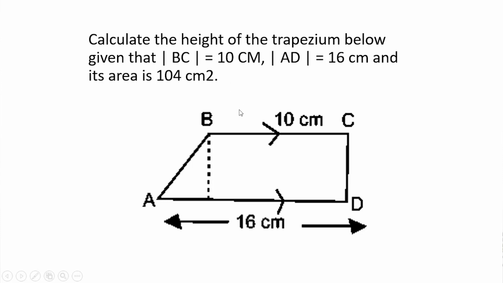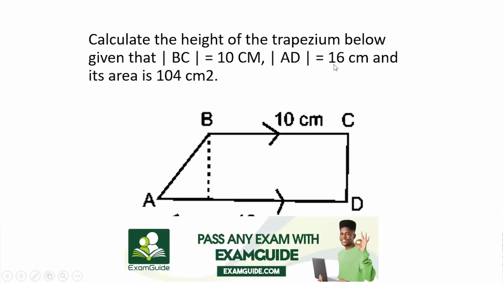I won't write this question out because I believe you can see it on the screen now. Calculate the height of the trapezium below, given that BC is equal to 10 cm, I'll only draw the diagram for you. AD is equal to 16 cm, and its area is 104 centimeters square. Okay, so let's look at that.